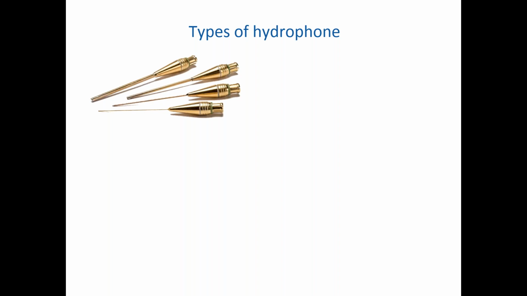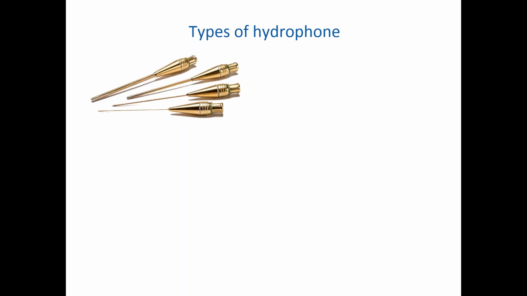So if we're worried about the signal that may be reflected back towards our transducer, these are often a good choice of device. However, as with all probe type hydrophones, the very tip of the sensor, which I'm highlighting at the moment, which is where the active element is, can also be a source of diffraction.